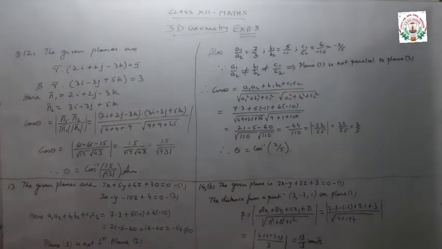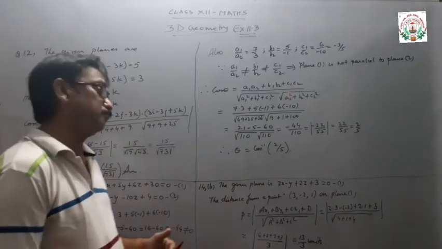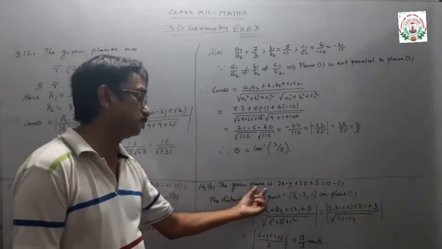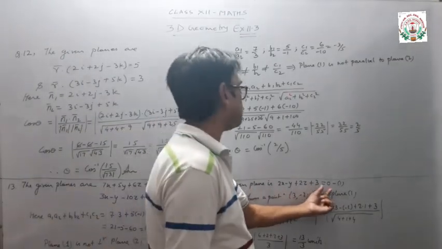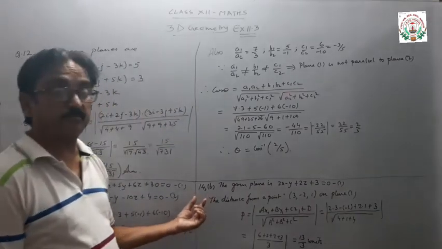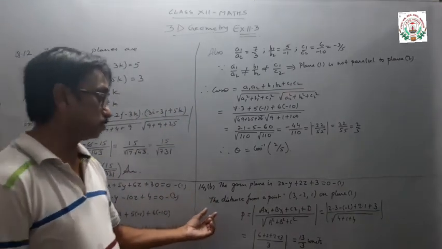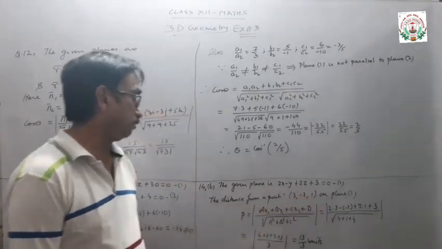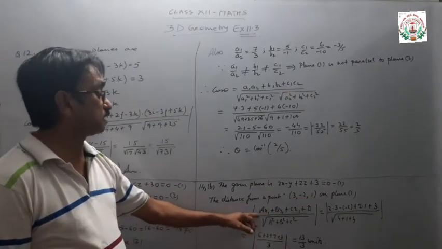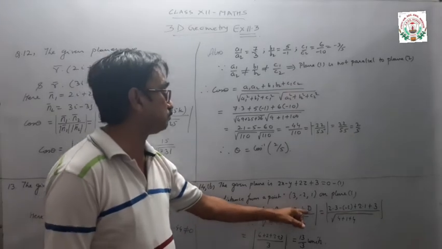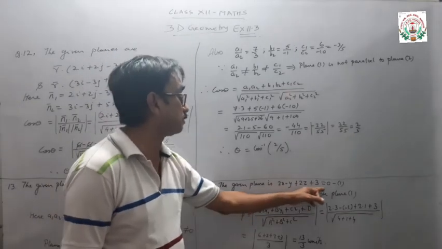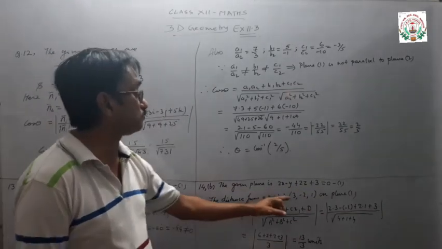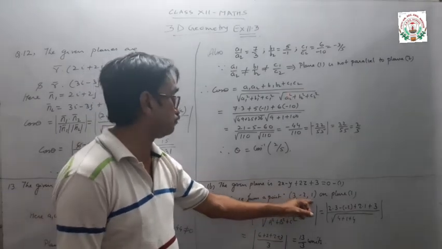Now the next question is that you have to find the distance of a point from the given plane. The given plane is 2x - y + 2z + 3 = 0. This is question number 14 b1. The distance from the point (3, -2, 1) to the plane is given by the formula |ax1 + by1 + cz1 + d| upon root over a square + b square + c square, where the equation of the plane is ax + by + cz + d and the point is x1, y1, z1, here (3, -2, 1).